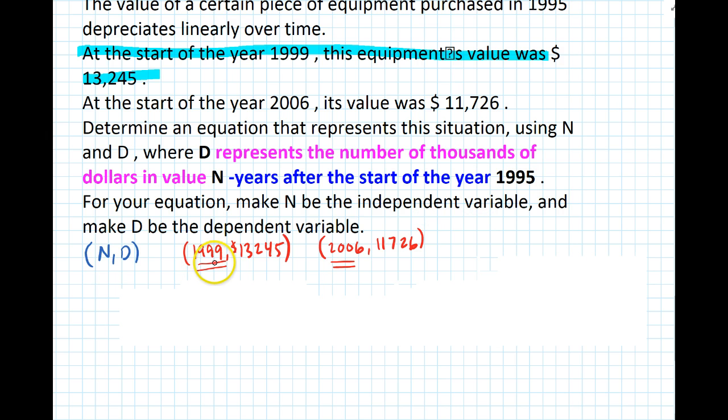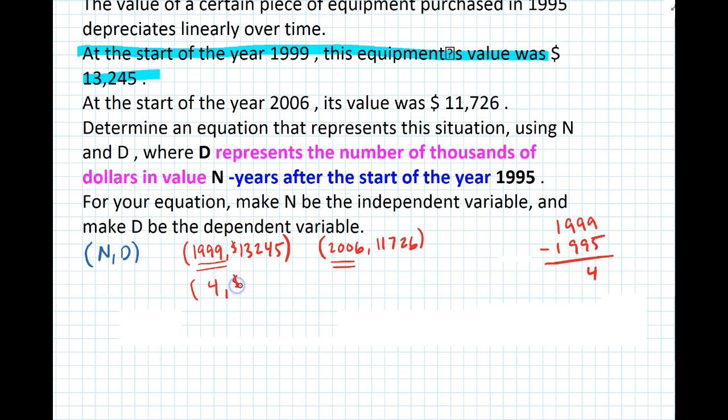So, from 1995 to 1999, that would be 4 years after, right? To find the years after 1995, you would take 1999 and subtract 1995 from that and get 4.